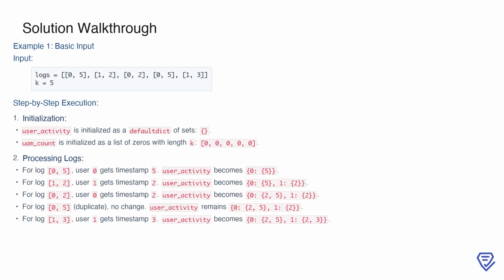For the third log, user 0 performs another action at timestamp 2, so their set now contains both 2 and 5. Importantly, when we encounter duplicate logs, such as [0, 5] again, the set ensures there's no change to user_activity. Finally, processing the last log adds timestamp 3 to user 1's set. At this point, user_activity is fully populated, showing unique timestamps for each user.